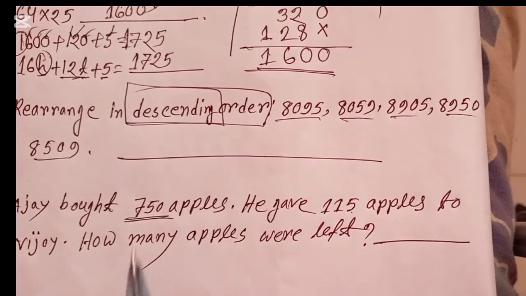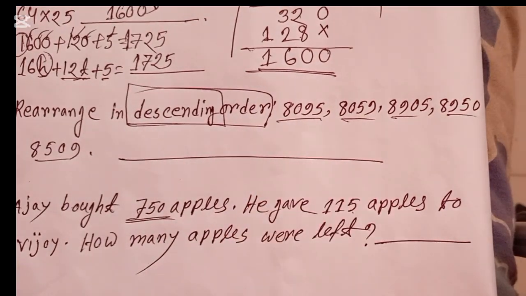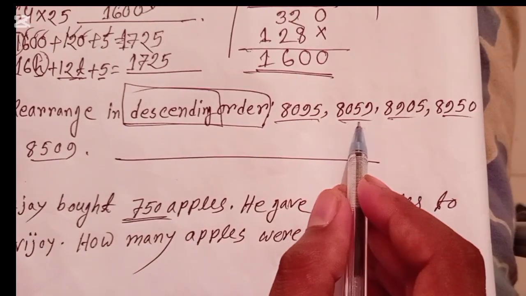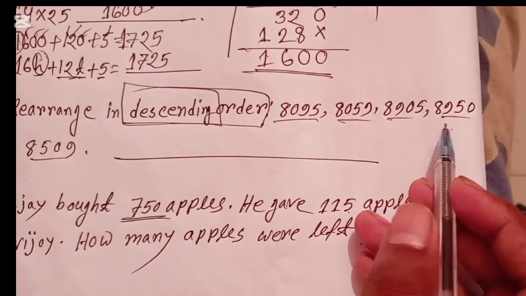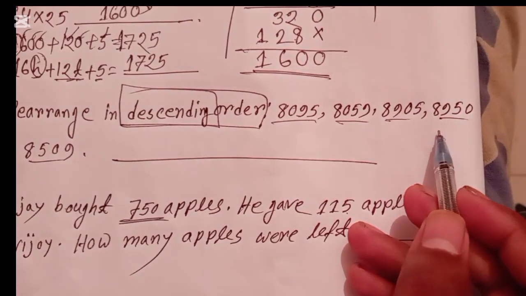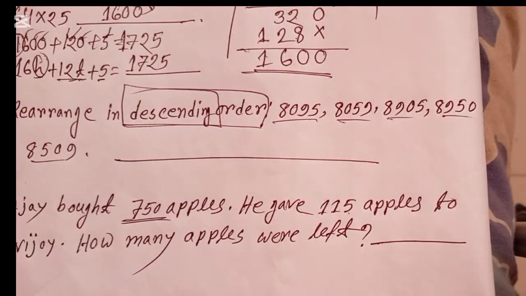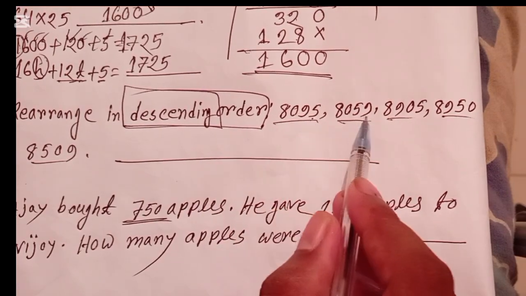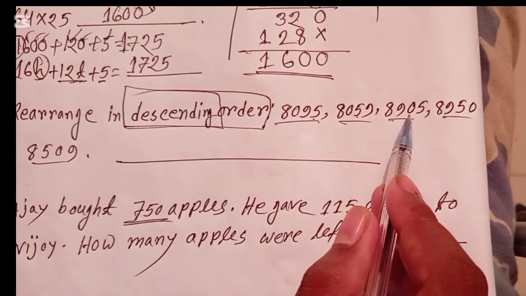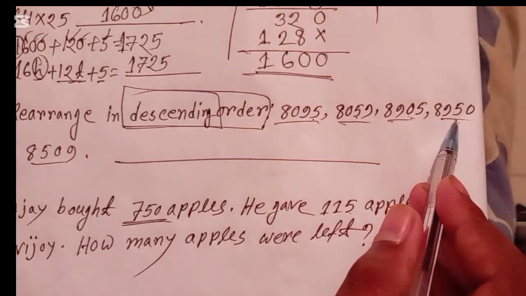The first one is 8095, the next one is 8059, then 8905, after that 8950, then 8509.